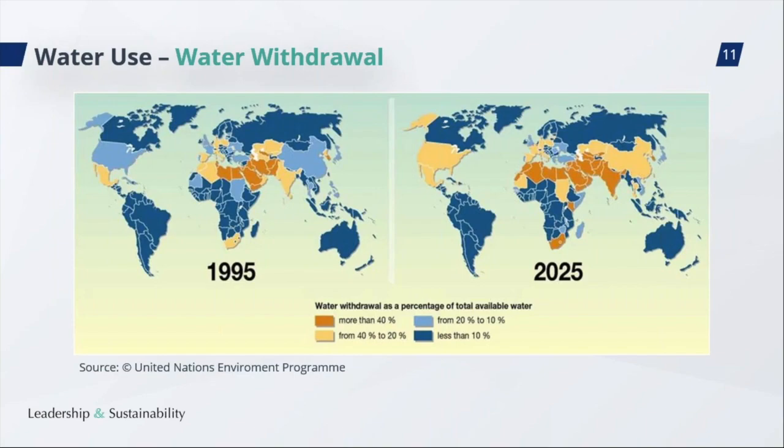And you can see when you go from left to right from 1995 to 2025, the yellow or light orange and the darker orange colors are increasing. So there are some countries where today in 2025, the estimate is that there will be more than 40% withdrawal of total available water. So the water scarcity is increasing year by year.